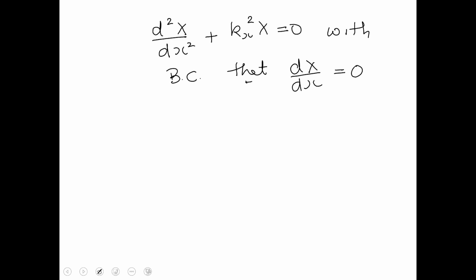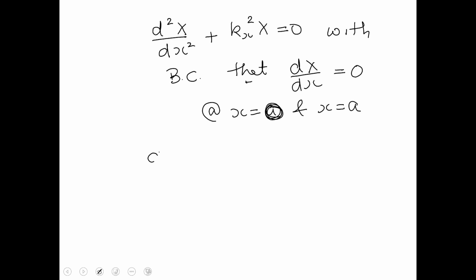Again, the derivative of that is 0 at x is equal to 0 and x is equal to a.